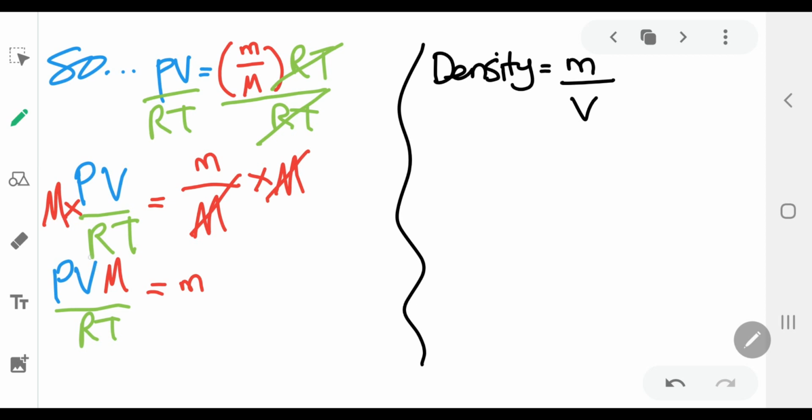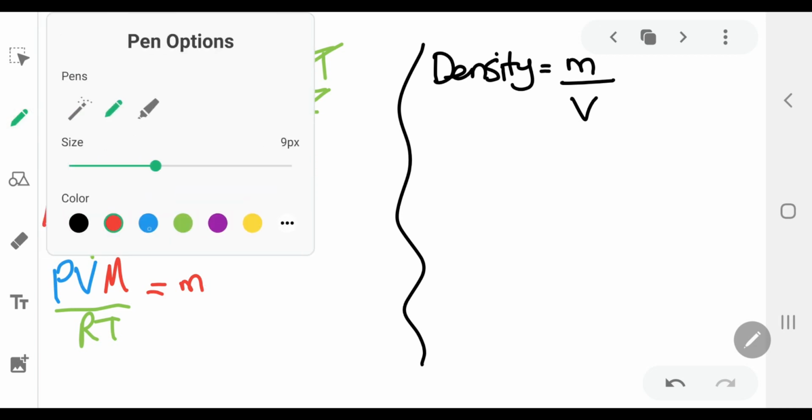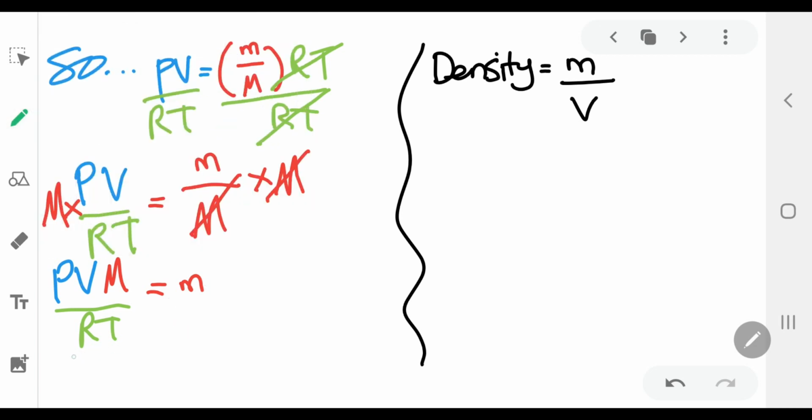And what we need to do next, we're going to take this volume to that side. So I'm just going to divide by volume.